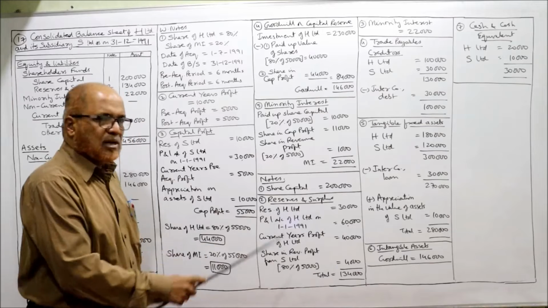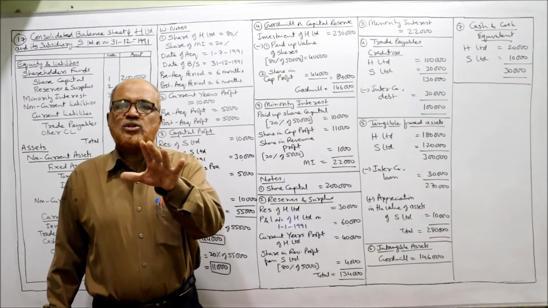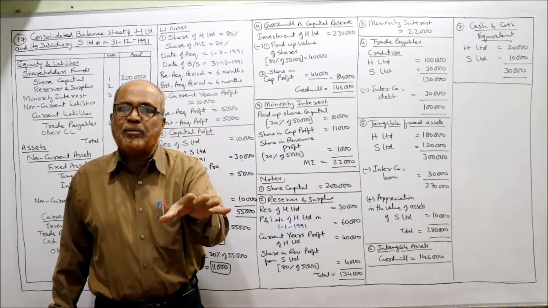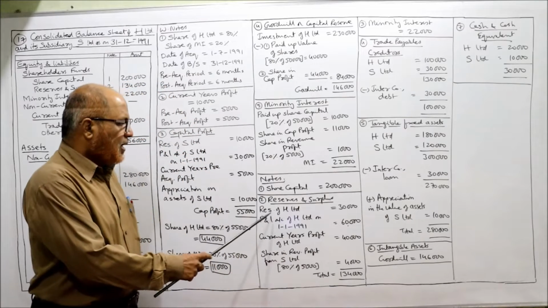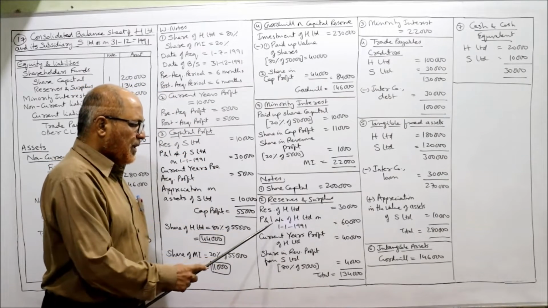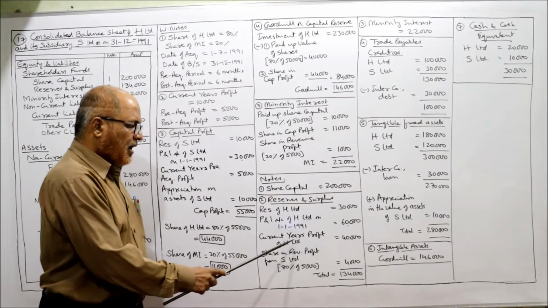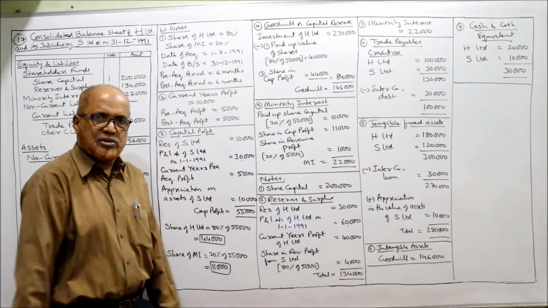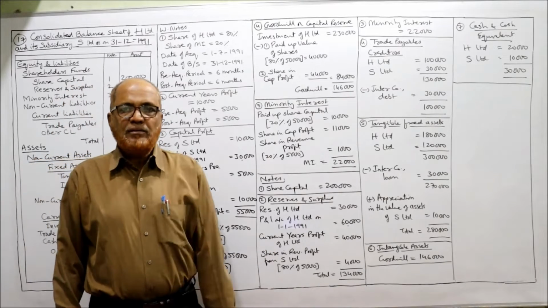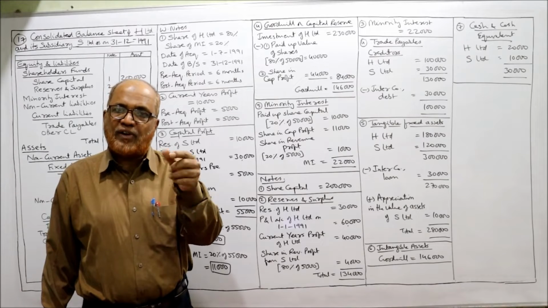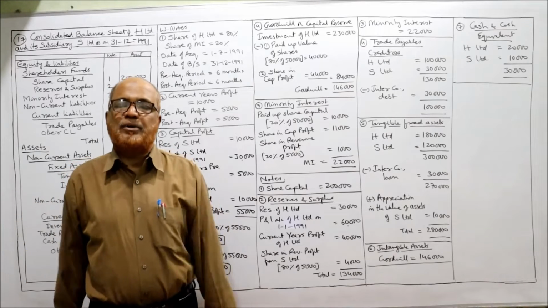Now second, reserves and surplus. In reserves and surplus, first of all, we'll take the reserves, P&L account, current year profit of H Limited as it is. So here, reserves of H Limited 30,000, P&L account of H Limited on 1st January 1991 60,000, current year's profit of H Limited 40,000. To this, we take a share of revenue profit of H Limited from S Limited.